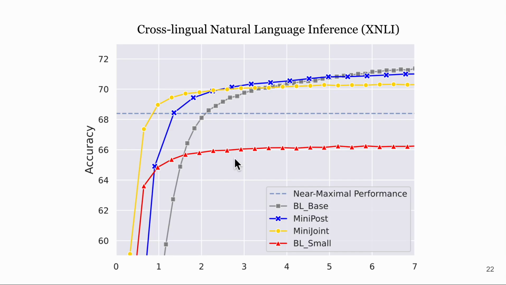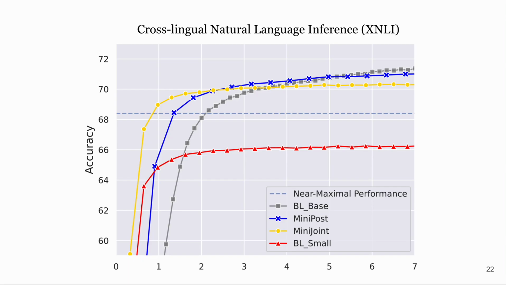So we define that system that works good enough as scoring 95% of the baseline system's performance. And we define that 95% threshold as near maximal performance. You can see that threshold in the dotted blue line here. So what we're looking at here is we want to see, as we're training the system, when do we actually cross that 95% threshold for full baseline performance?